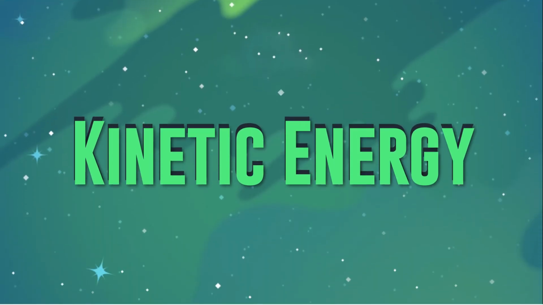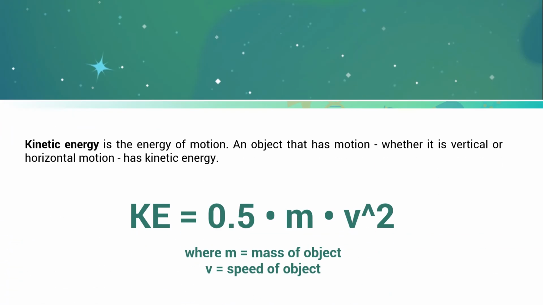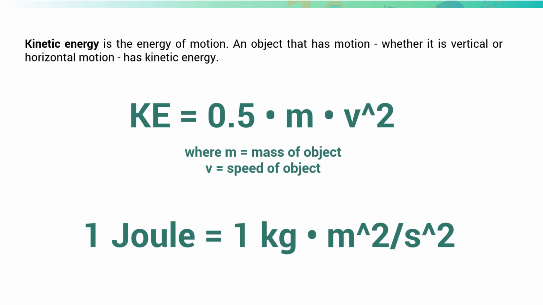We're now going to proceed with kinetic energy. So, kinetic energy is the energy in motion. An object that has motion, either vertical or horizontal, has kinetic energy as long as it is moving.